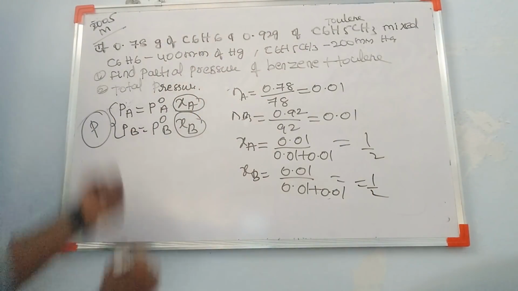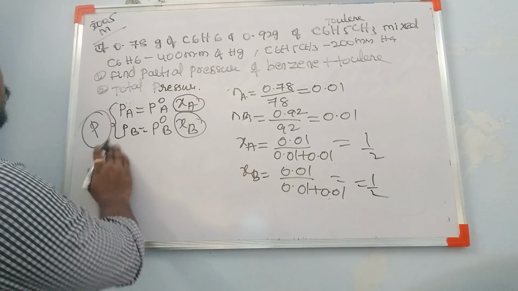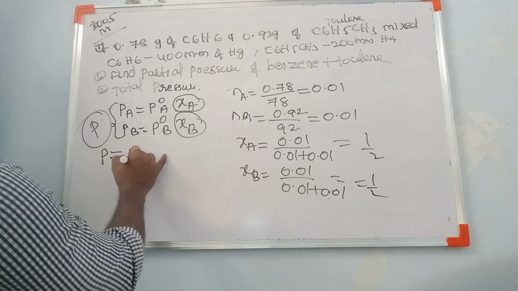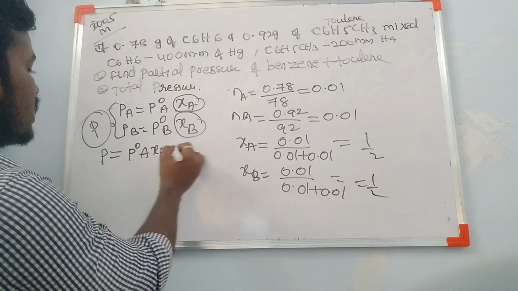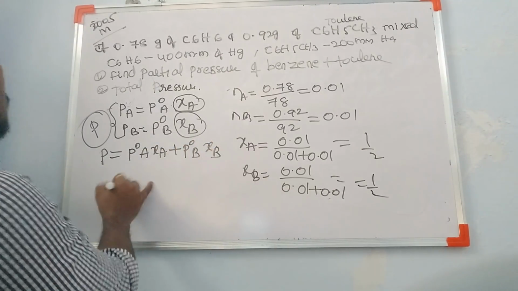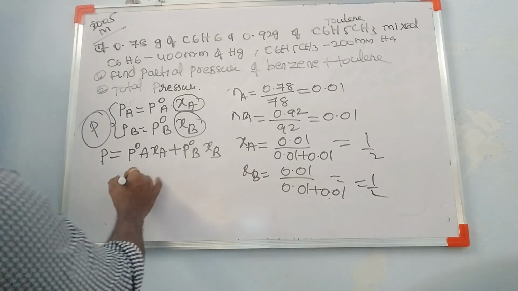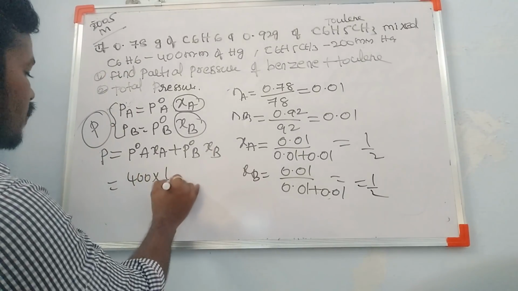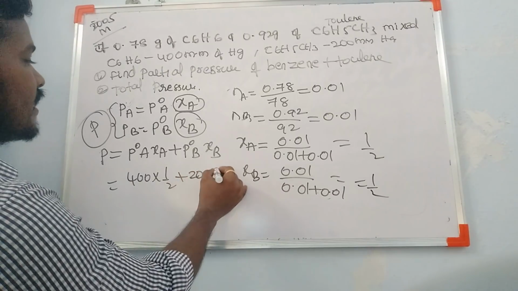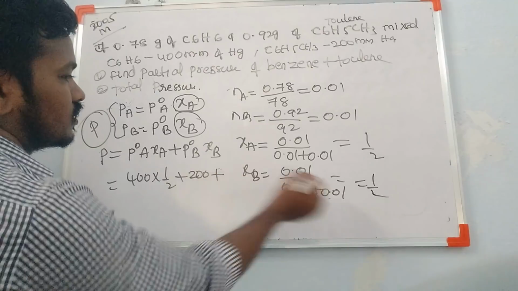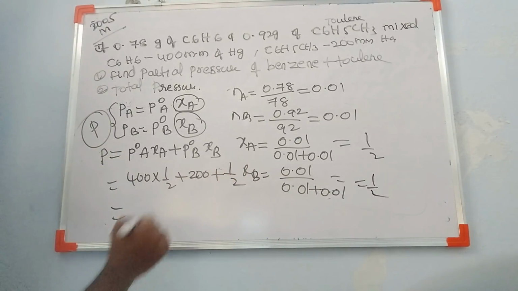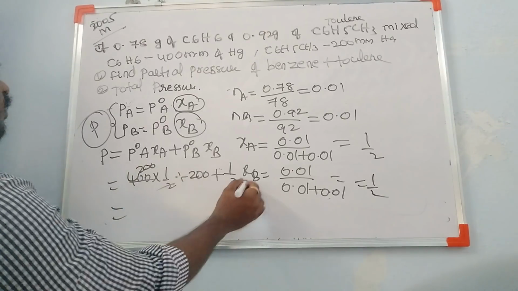Total pressure is equal to P naught A XA plus P naught B XB. P naught A is 400, so 400 into 1 by 2 gives 200, plus 200 into 1 by 2 gives 100.